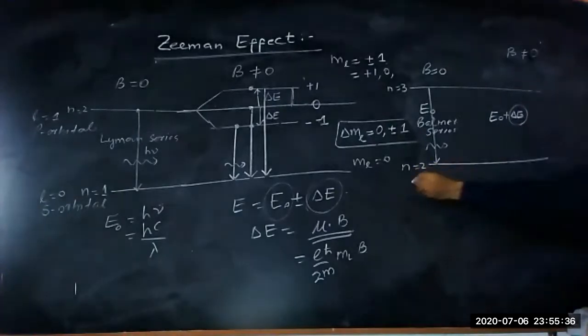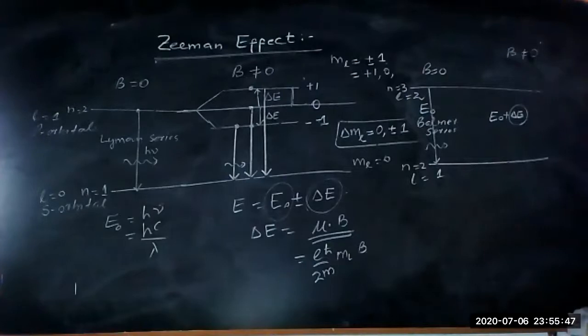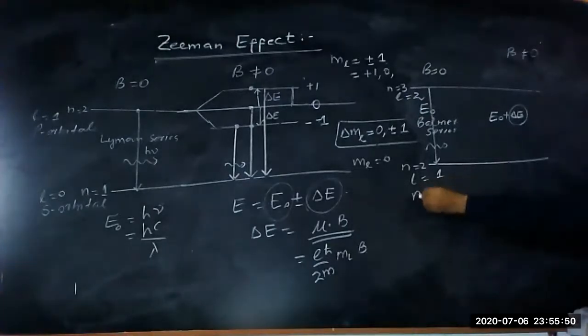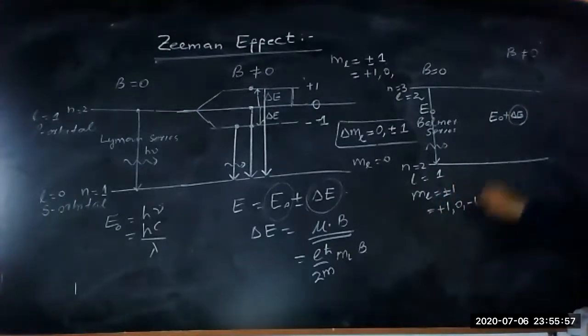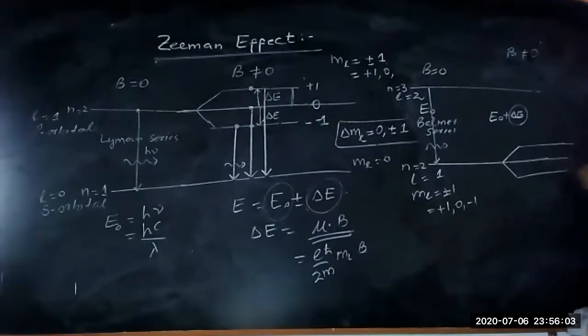This is L is equal to 1 because n is equal to 2, so L is equal to 1, p orbital. This is n is equal to 3, L is equal to 2, d orbital. So ML has three values, 1, 0 and minus 1. So this level is split out into three levels: minus 1, 0 and plus 1. This is the ML.